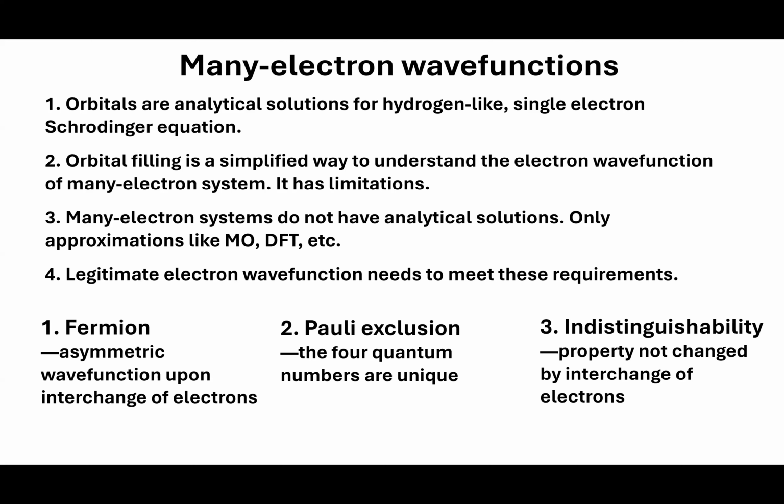So I hope now we start to appreciate this problem with many-electron wave functions. Those orbitals, which are solutions of the single-electron system, are sometimes not applicable to describe the many-electron wave function.